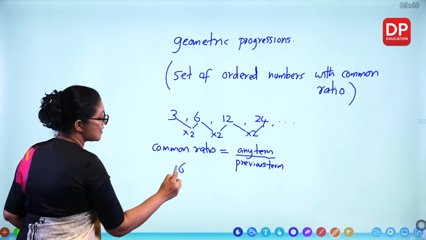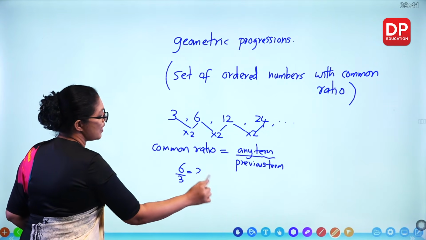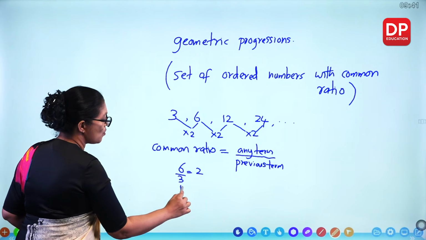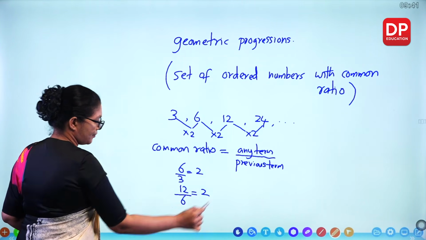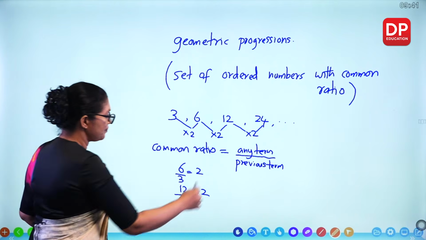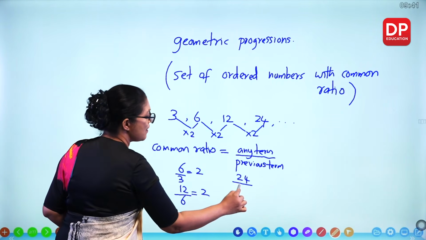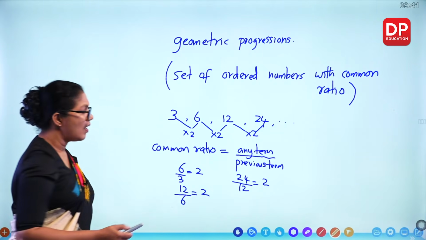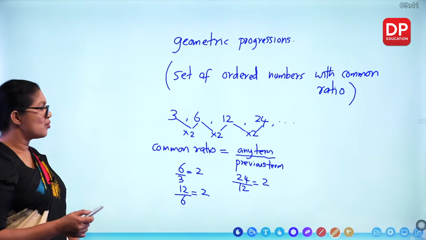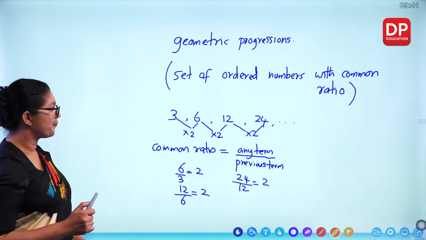Any term, 6, divide by the previous term, you get 2. Any term, 12, divide by its previous term, you get 2 again. When you take this term, 24, divide by the previous term, you get 2. So here we see the ratio is always 2. That's why we call it a common ratio.